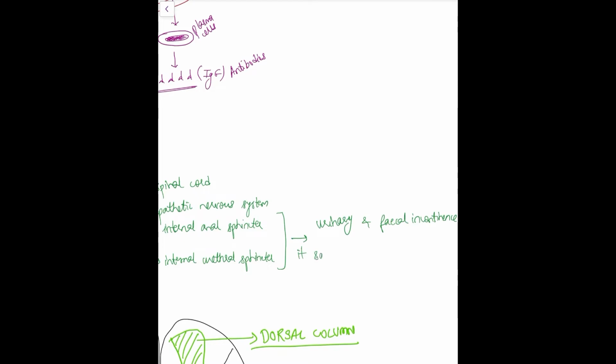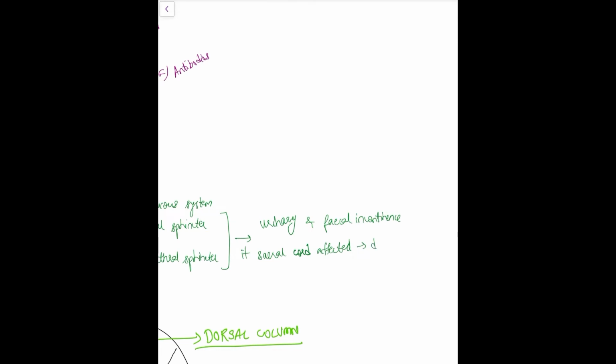The detrusor muscle will get affected and it will lead to urinary retention. So, it can either lead to urinary incontinence or retention depending upon which part of the spinal cord gets involved, or it can lead to fecal incontinence.